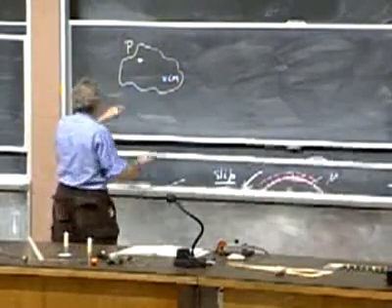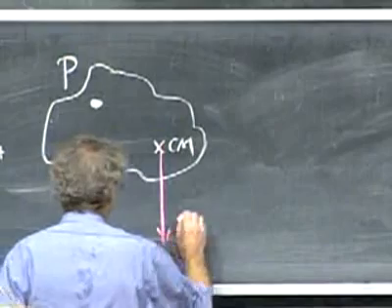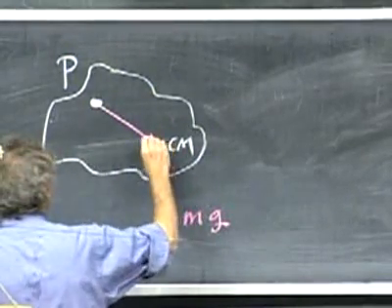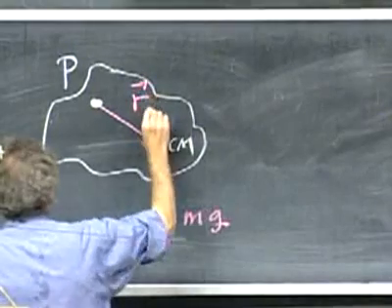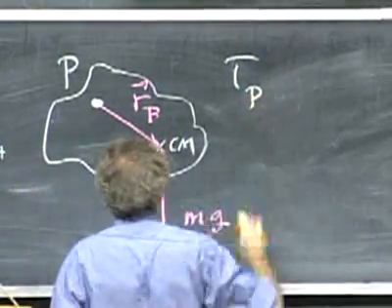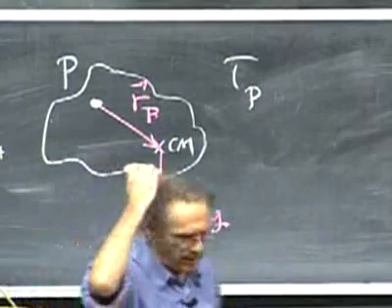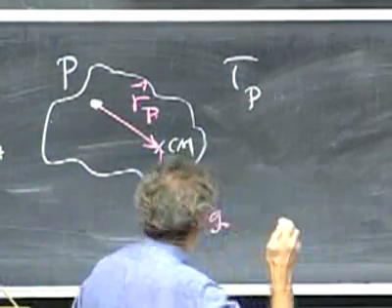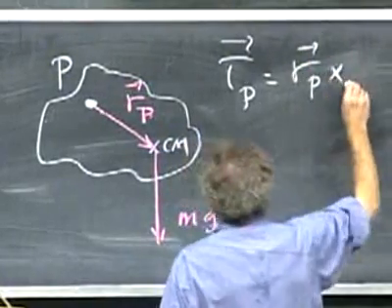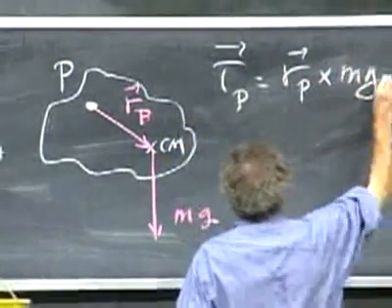If this object has a mass little m, there is a force mg, and here is the position vector r of P, and so it's clear that there is a torque relative to point P. And if there is a torque relative to point P, it would be r_P cross mg.